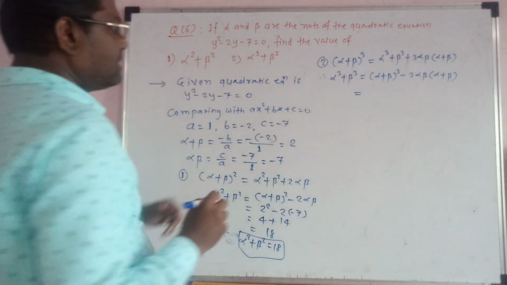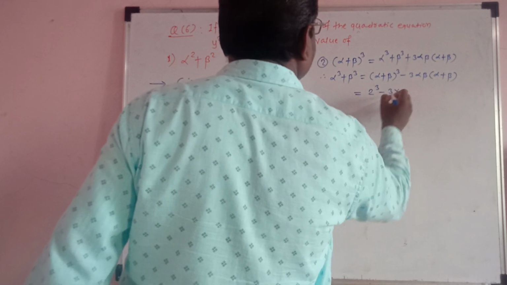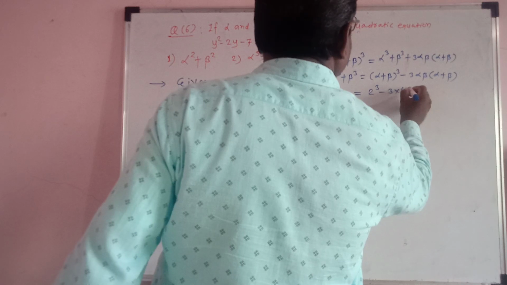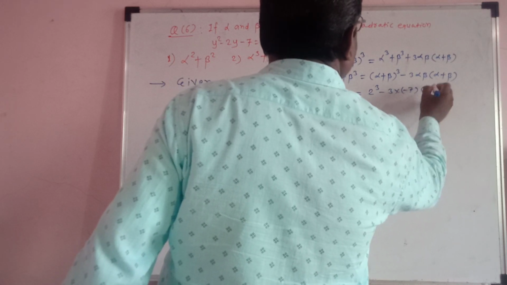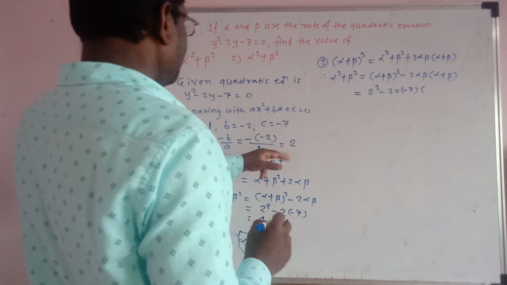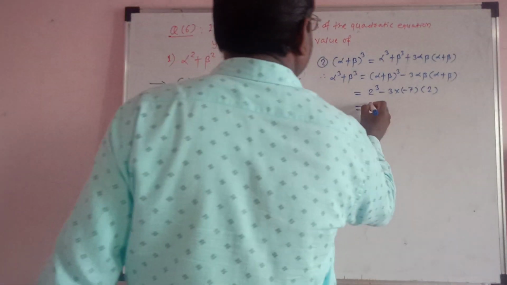Alpha plus beta, that is a 2 cube minus 3 into alpha into beta is minus 7 and alpha plus beta value is 2, which is equal to 2 raised to 3 is 8.